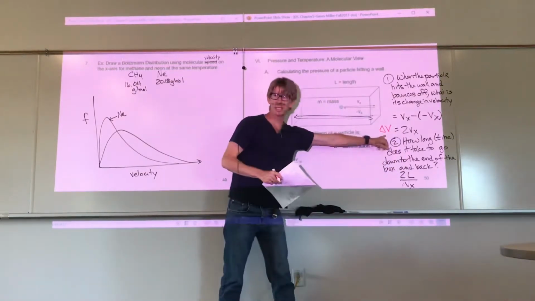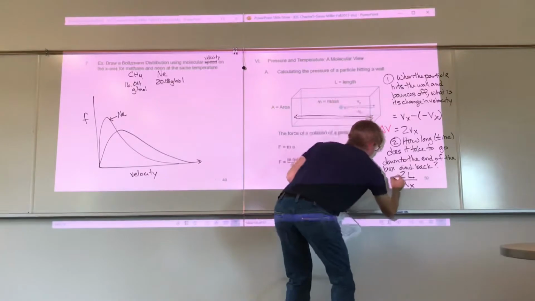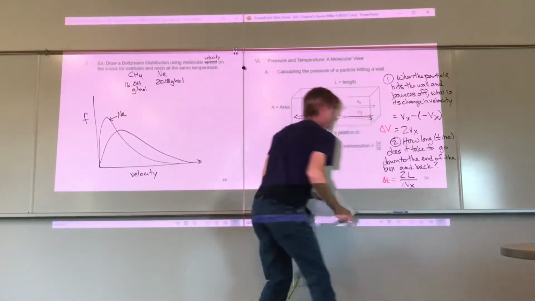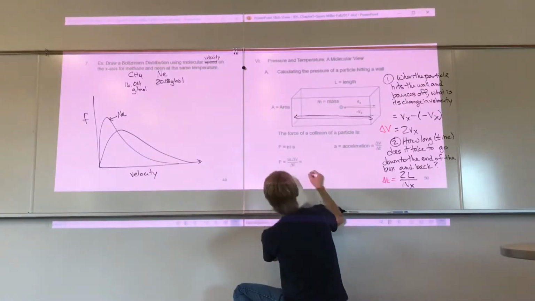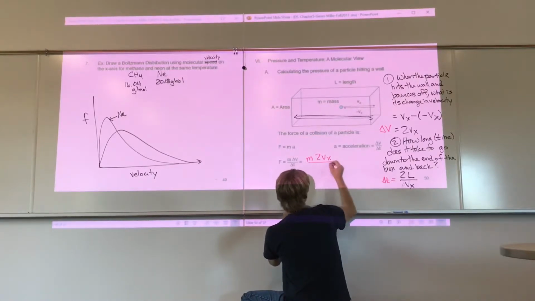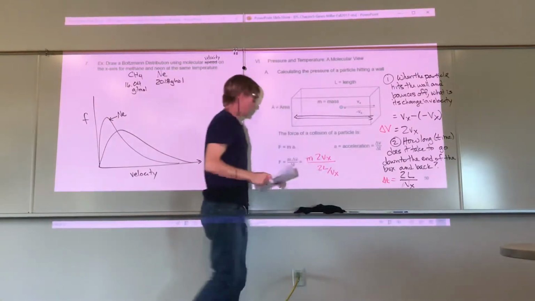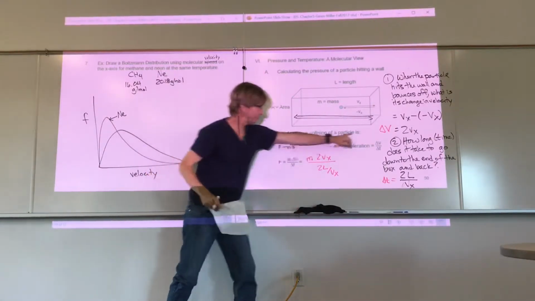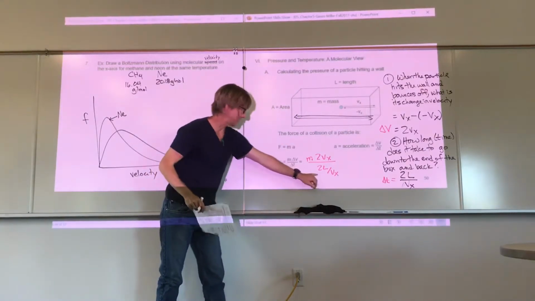So we plug that in. Our change in velocity is here. Our change in time is here. And what I've done is for delta V, I've put in my 2Vx. For delta T, I've put there.